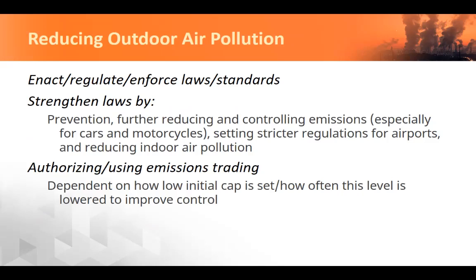Remember, prevention is so much better than treatment. This will reduce and control emissions, especially for cars and motorcycles. By setting stricter regulations for airports and reducing indoor air pollution, we can see lower levels of emissions in general. If we move to more green technologies, what can we do in terms of how much emissions we're producing?